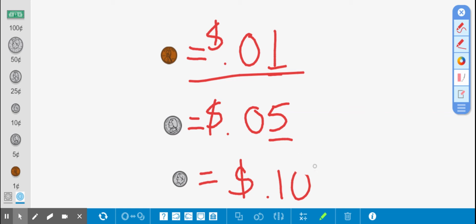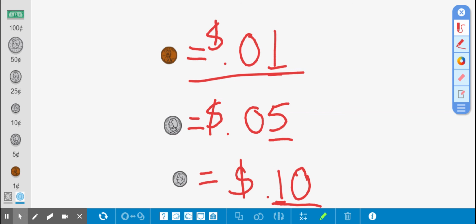Okay, so a dime is worth 10 cents, or we could also say 10 hundredths, but even more accurately, we would actually just read the number as 1/10. But in money, we don't say that. We say 10 cents.